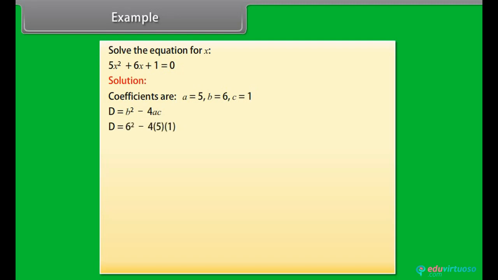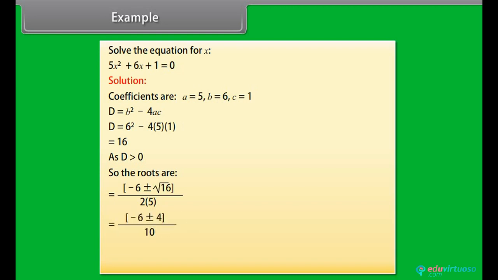D = 6² − 4 × 5 × 1 = 16. As D > 0, the roots are x = (−6 ± √16)/(2 × 5) = (−6 ± 4)/10. On solving, we get x = −1 and x = −0.2.